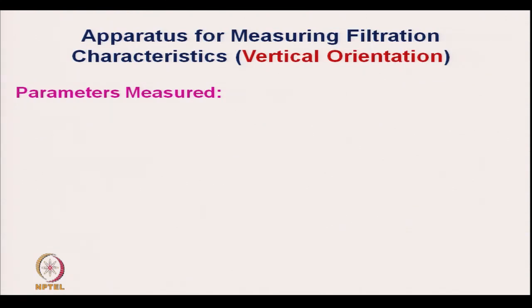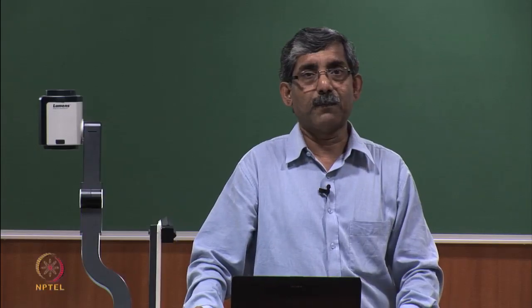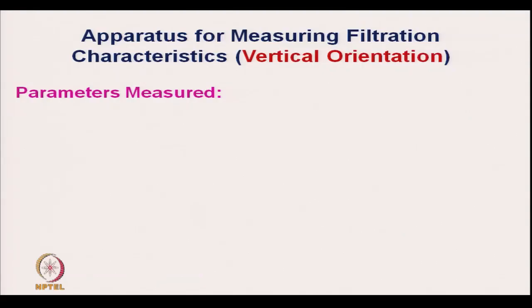Now, we will discuss the apparatus for measuring filtration characteristics. There are two different types of orientation, one is vertical orientation, another is horizontal orientation.